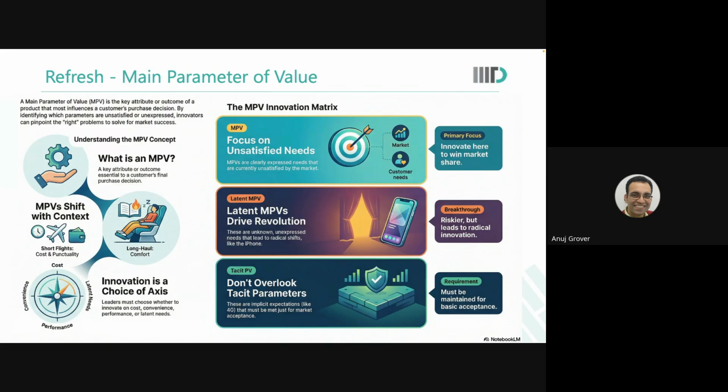He's saying something that is critical of a system. What is the main parameter of value as we discussed that day? Important feature that one must offer. Something that is important to help the user make the purchase decision. Everything else being equal, this user will decide based on the MPV which product to choose. That is what a main parameter of value is.